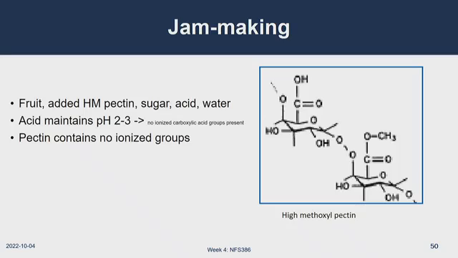The addition of acid and the acidity of the fruits that we are using to make the jam help drop the pH. The drop of the pH helps to avoid the presence of non-ionized carboxylate groups.